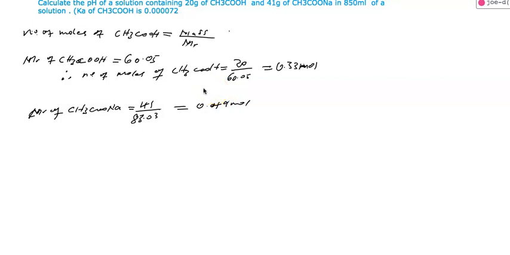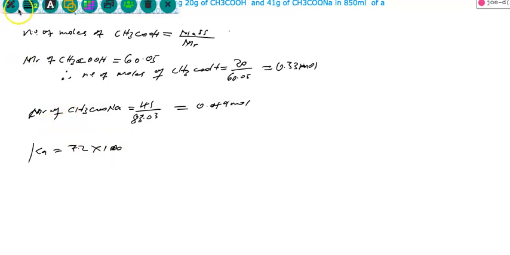We also know the Ka, so we can then go ahead and work out the pKa. Our Ka equals 7.2 times 10 raised to the power minus 5.